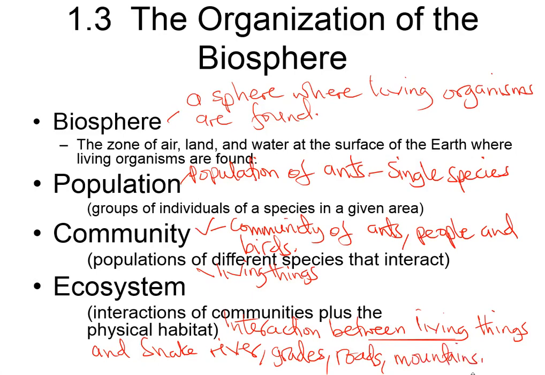So the interaction that we as living things have with our habitat, the whole system, including the living things and the habitat, is known as an ecosystem.